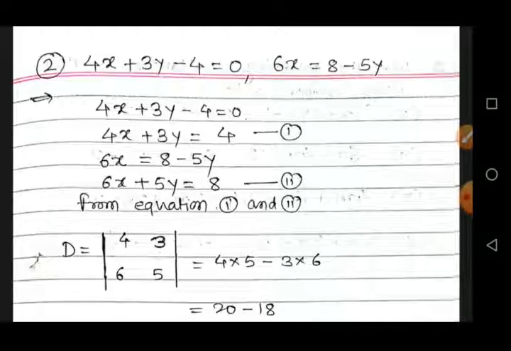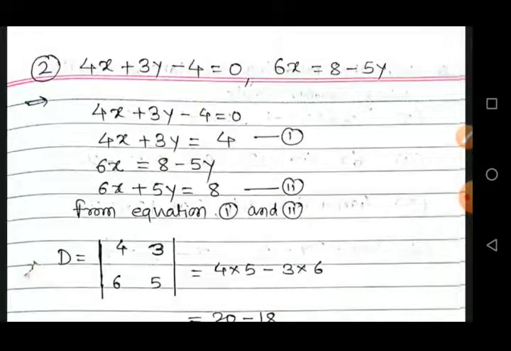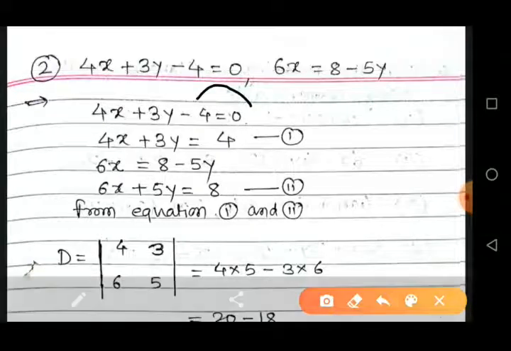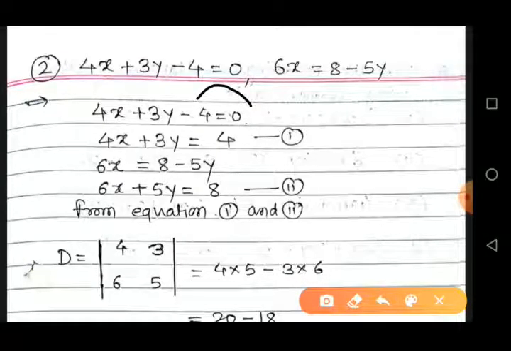In the first equation, minus 4, this constant term is on the left side. Transpose this term to the right side, it becomes positive. Then the equation becomes 4x plus 3y is equal to 4. For this prepared equation, give number 1.